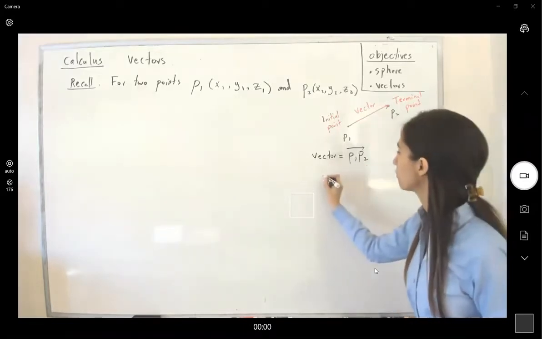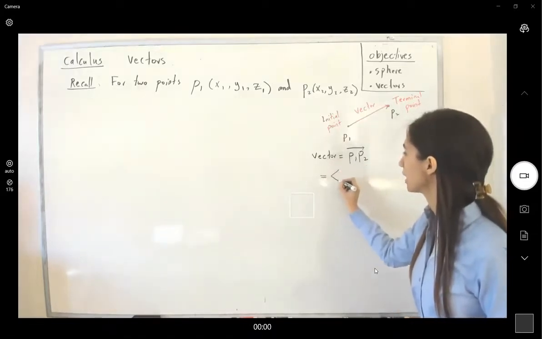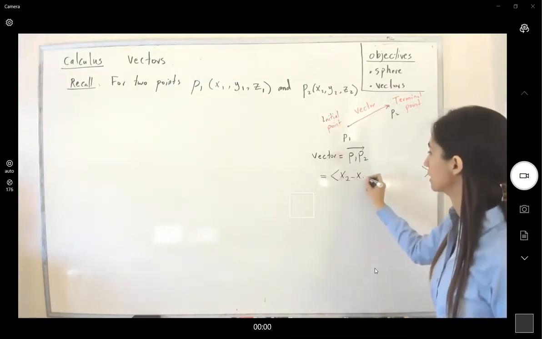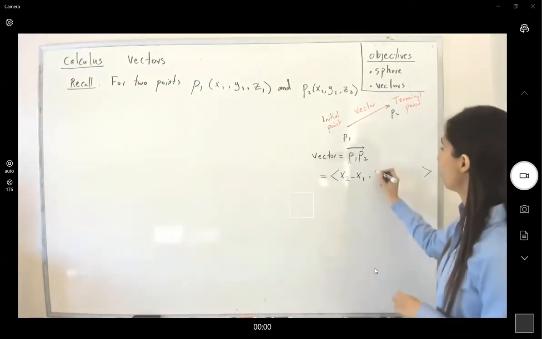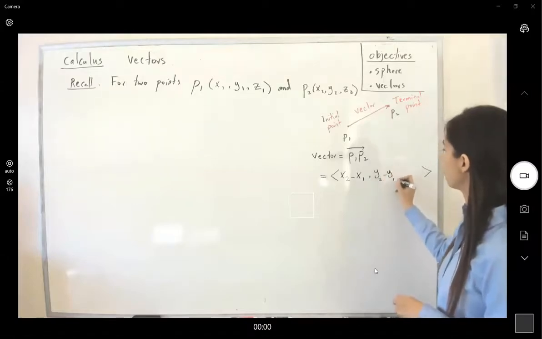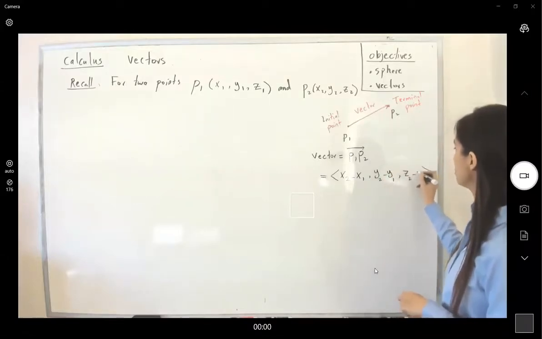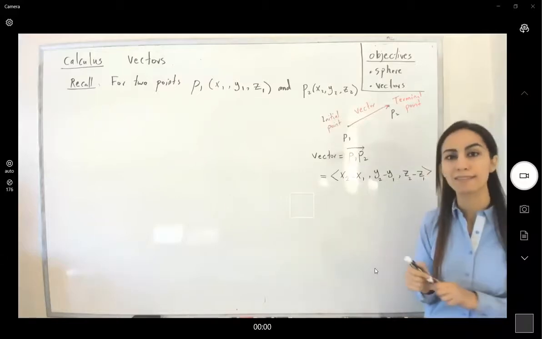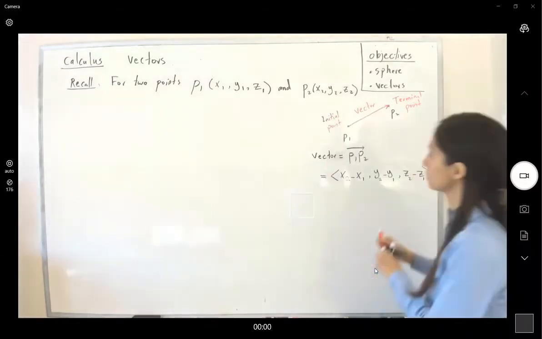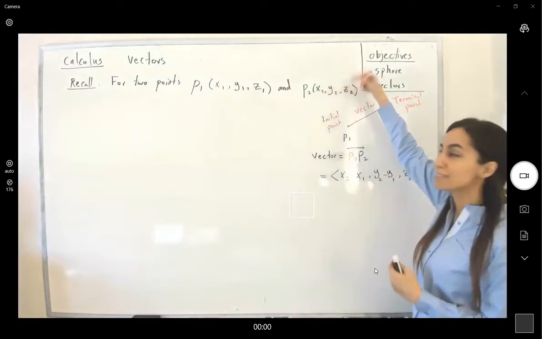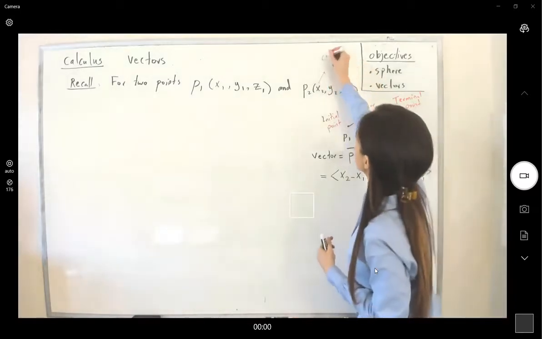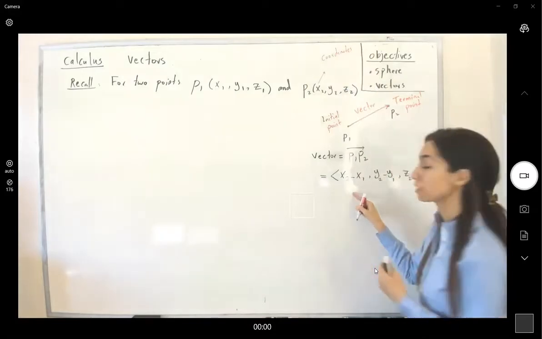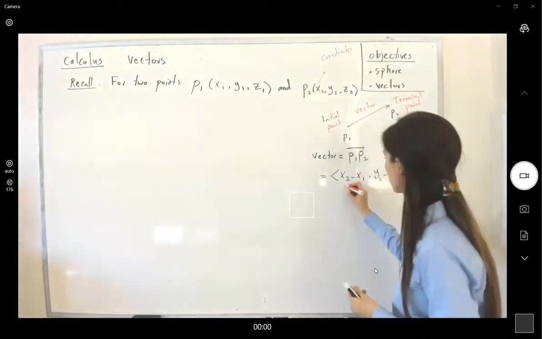The components of this vector can be written as x2 minus x1, y2 minus y1, and z2 minus z1. So these are the components of this vector. Here you have coordinates. So these are the coordinates of a point, and these are the components of the vector.